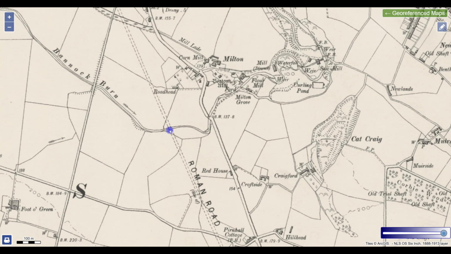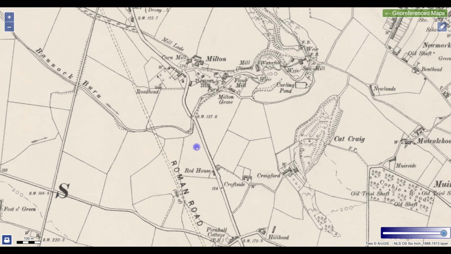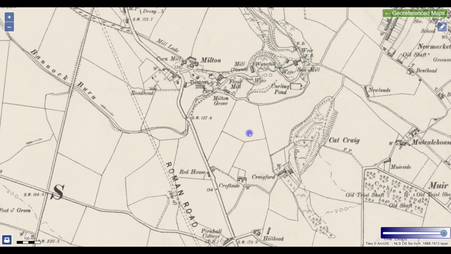Well, we don't hear anything about it, so you've got to presume that perhaps it wasn't. That would mean that the English troops would probably have to cross at the Milton Ford here, or further up where the banks of the Bannockburn flatten out again, and we'll show you that later on in the film.